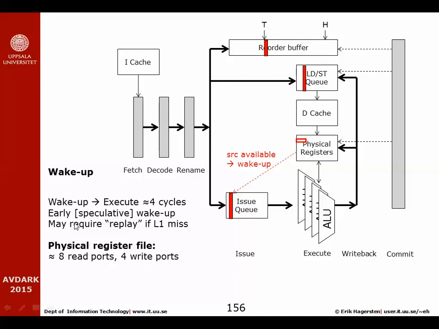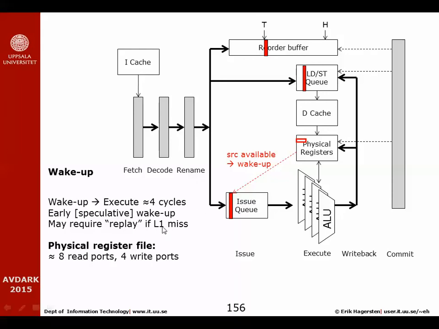However, if the instruction you depend on is a load instruction, you don't know whether that load will hit in the cache or not, but you still speculate that it will hit in the cache. So typically, those instructions that are dependent on load instructions are issued as close in time as they can, so they are ready to execute exactly when the load returns the result.